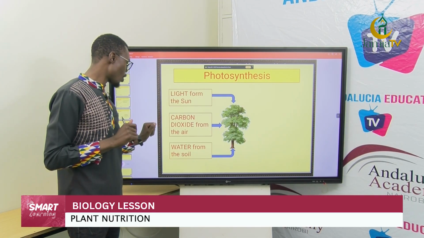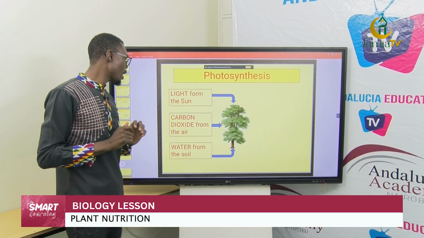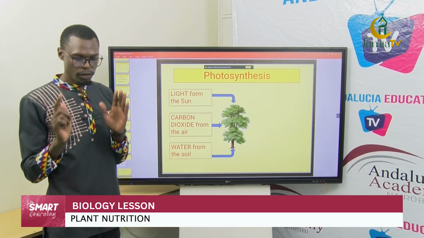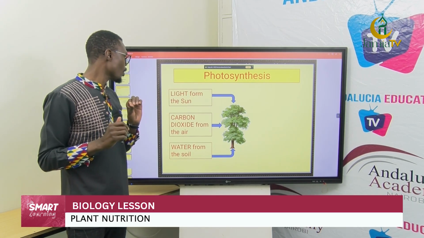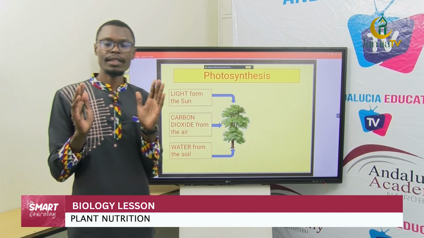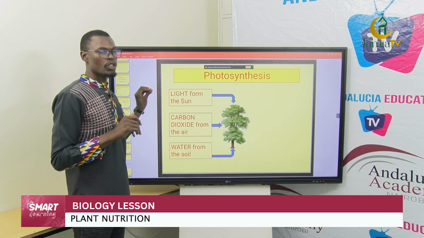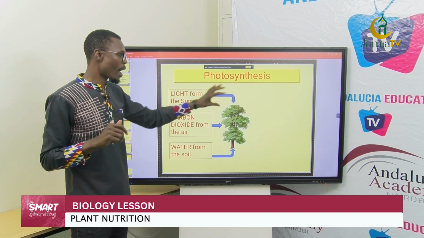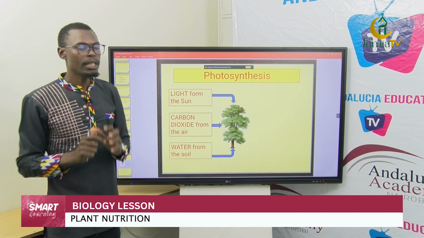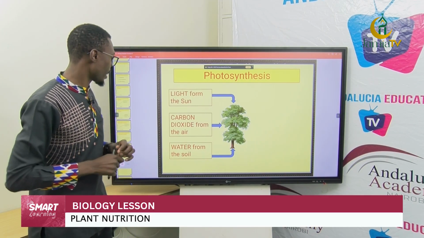So carbon dioxide and water are the raw materials for photosynthesis. Then light, which is from the sun. The major source of light is the sun. So this is a condition that is required. Then we will need the optimum temperature.